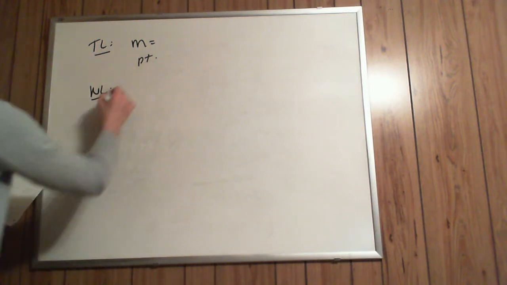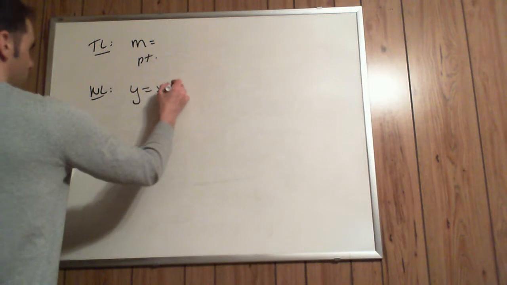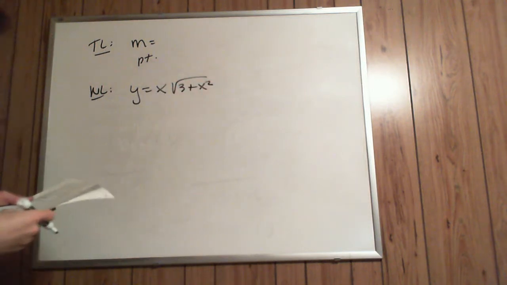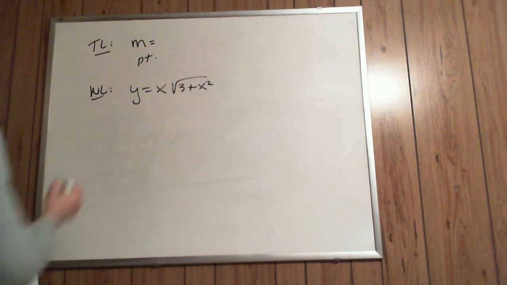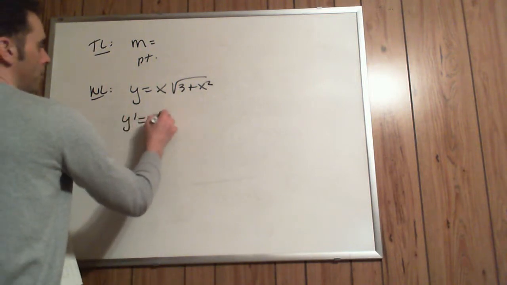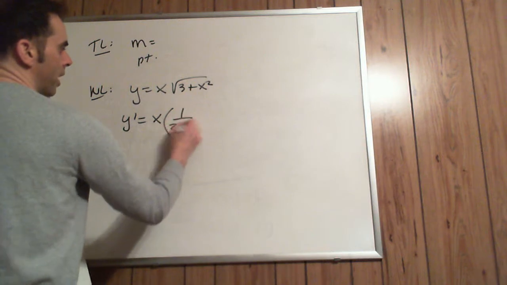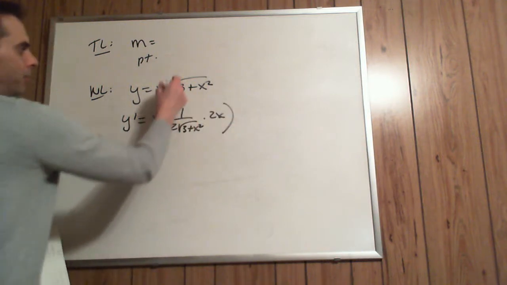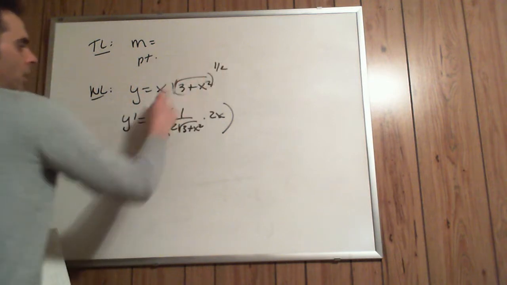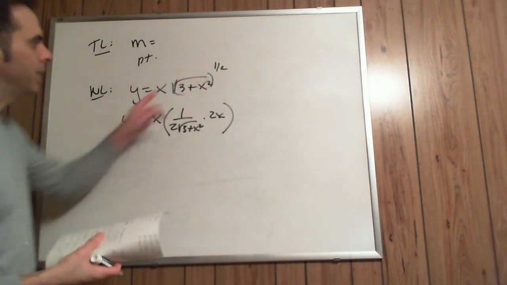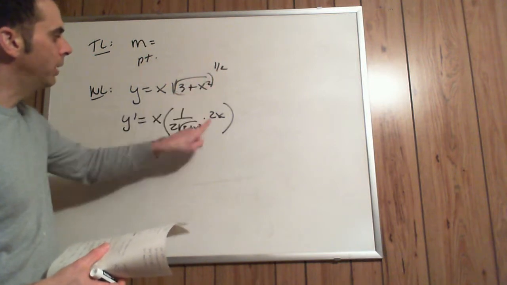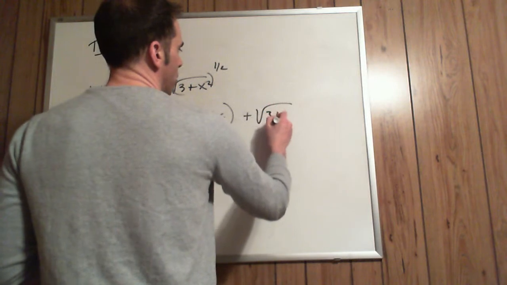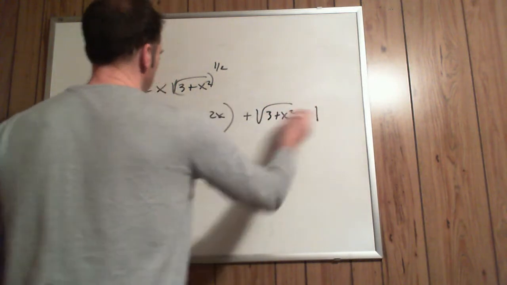So if I have y equals x times the square root of 3 plus x squared, maybe at the point 1, 2, y prime would be the first times derivative of the second, which would be that, 1/2, make this to the 1/2 power. Drop the power down, repeat the inside stuff, decrease it by 1, times it by the derivative of the inside, plus the square root of 3 plus x squared times 1.